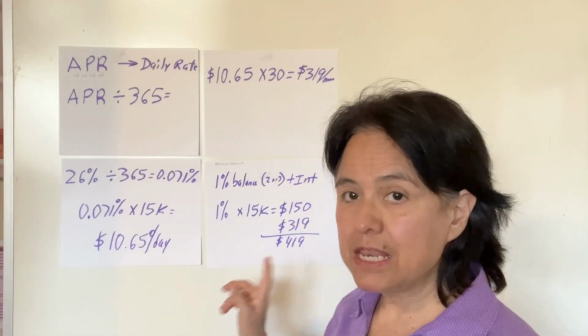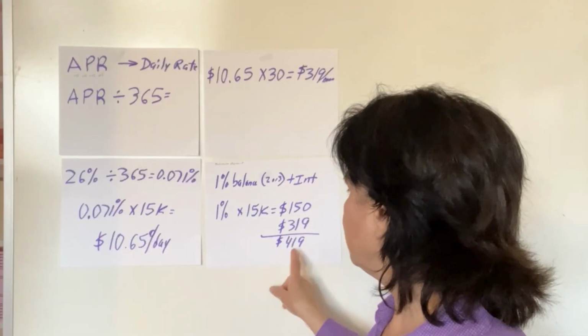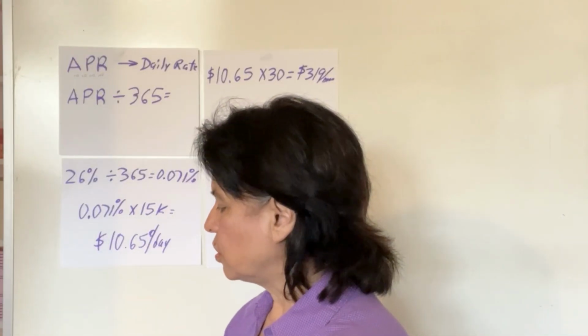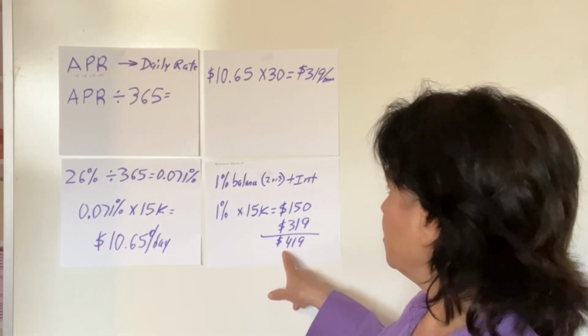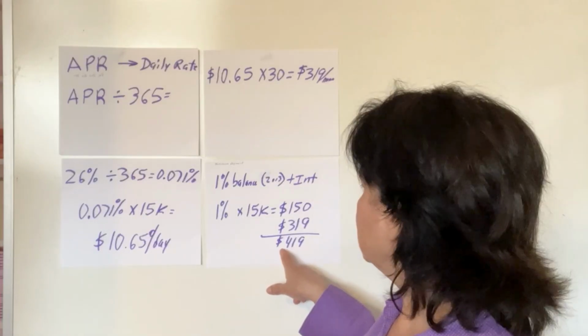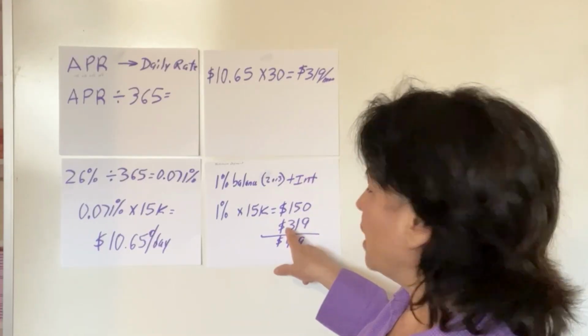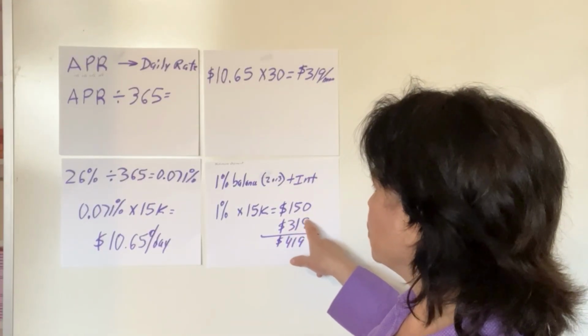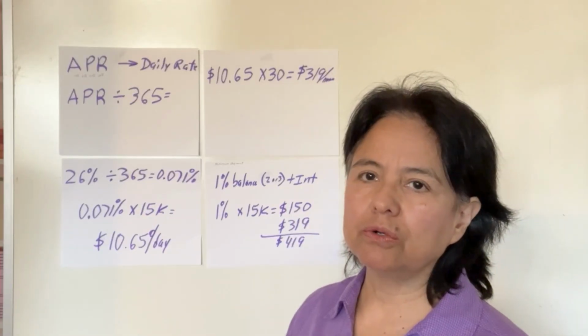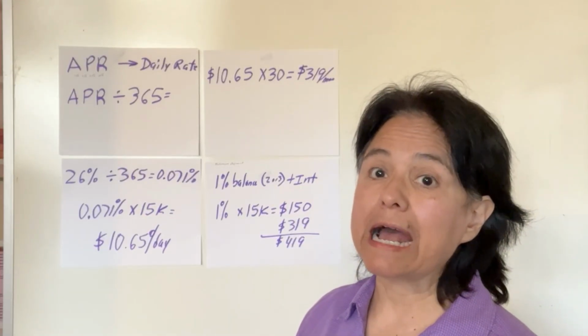Then your minimum payment is going to be $419. So notice that from the $419 you sent, $319 goes on interest, and $150 goes on lowering that amount.